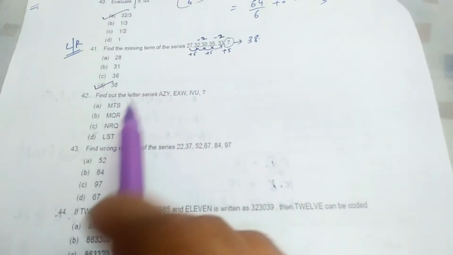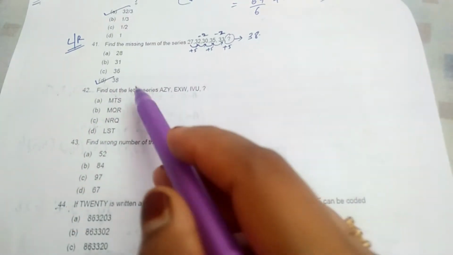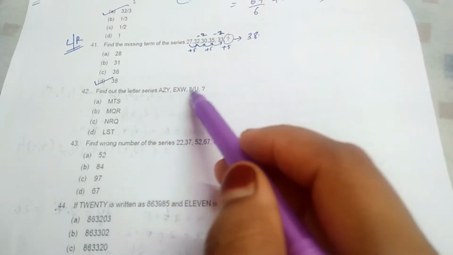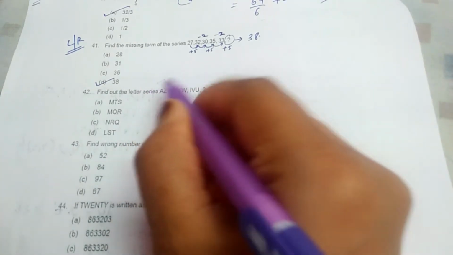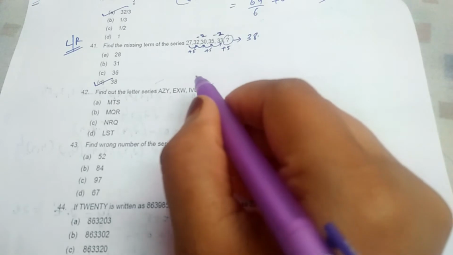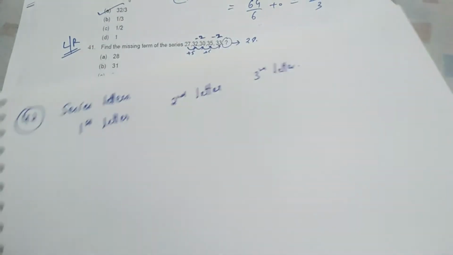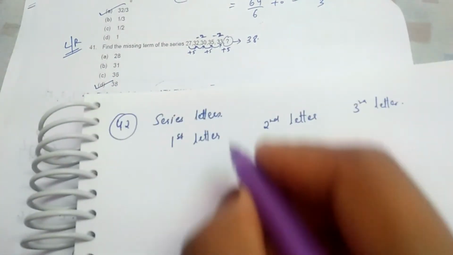Okay, now let's find the next problem. Find out the letter series: AZY, EXW, IVU. It is asking us to find the next group of letters in this series. In this problem, it is very simple. Let us do this in the notes.